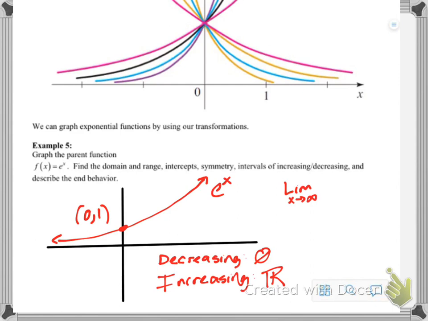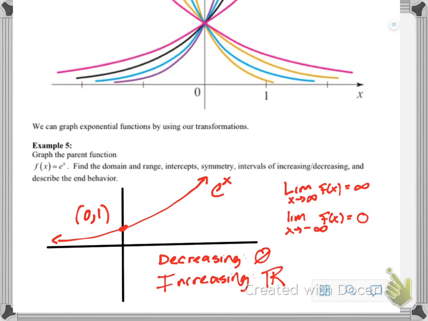Then we should talk about end behavior, and that's when you run x to infinity or negative infinity. Go to the extremes of x on the far right and the extremes of x on the far left, and tell me what the function does. On the far right, as x goes to positive infinity, the function e to the x goes to infinity, and on the far left, if you go to negative infinity, the function goes to 0.